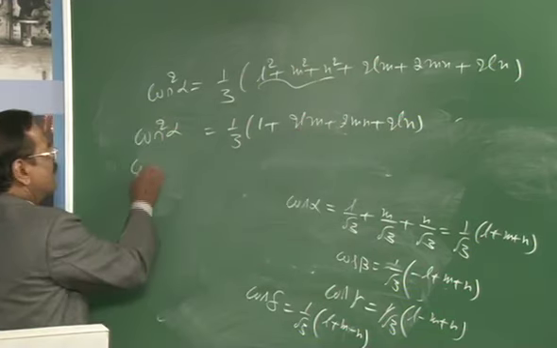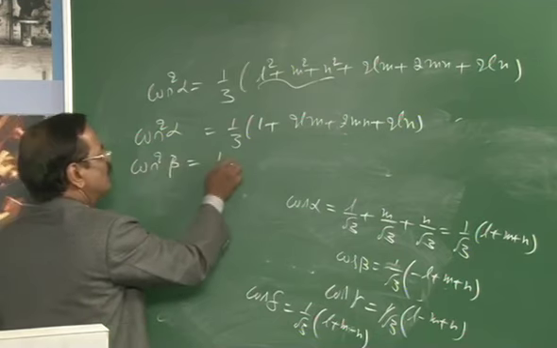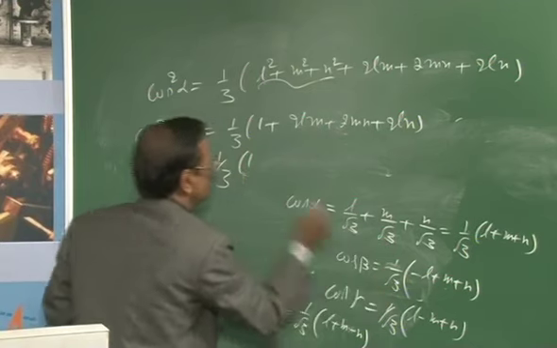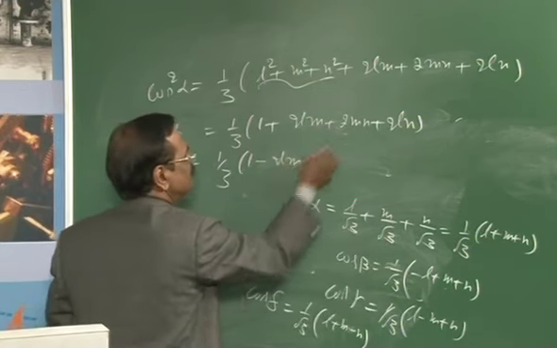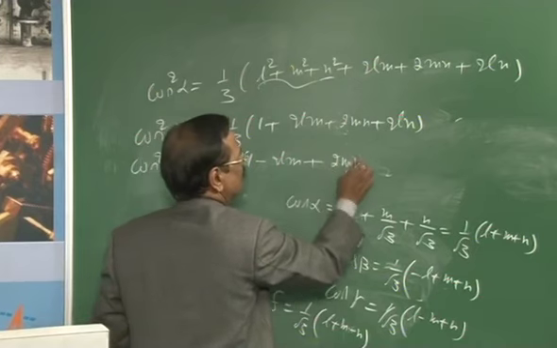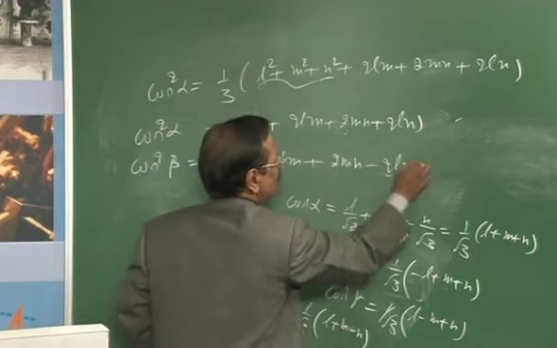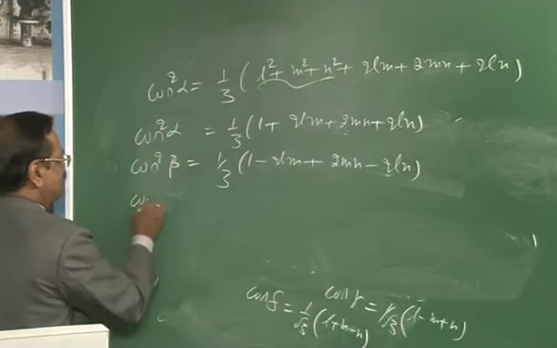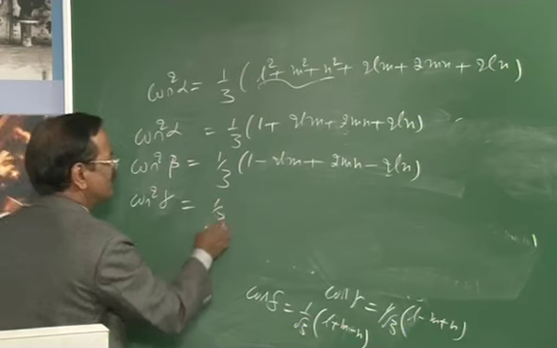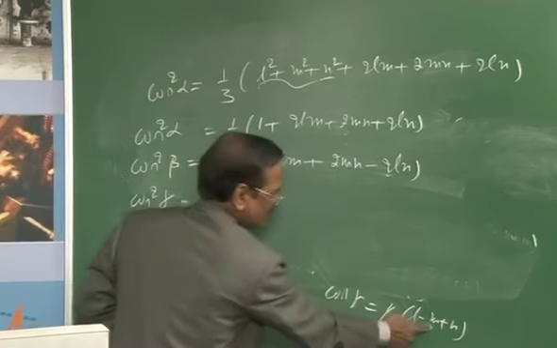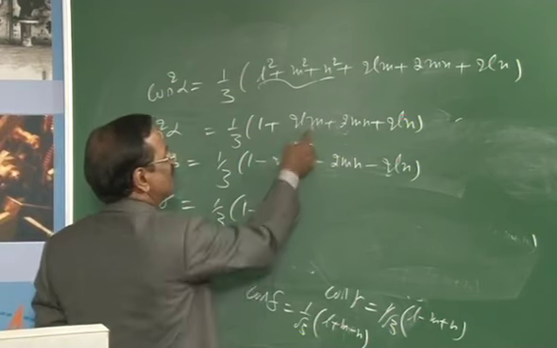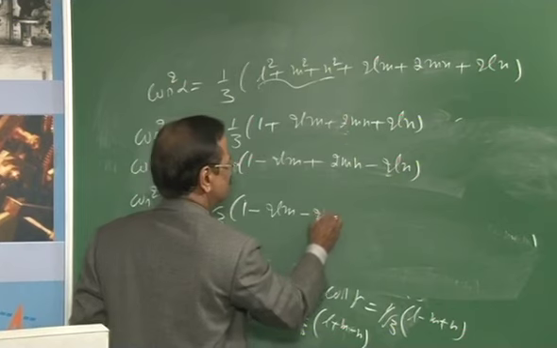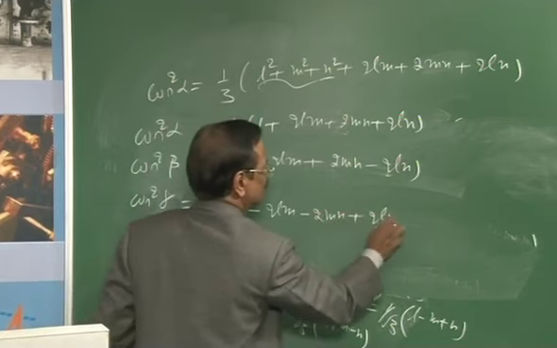So, you will be getting cos squared beta equal to 1 by 3 into 1 remains same, but here L is negative, so minus 2 Lm, this remains same plus 2 Mn, but minus 2 Ln. Next, cos squared gamma equal to once again 1 by 3, this 1 remains same, m is negative wherever you find m, so minus 2 Lm, and minus 2 Mn, because m is negative, and 2 Ln remains same.